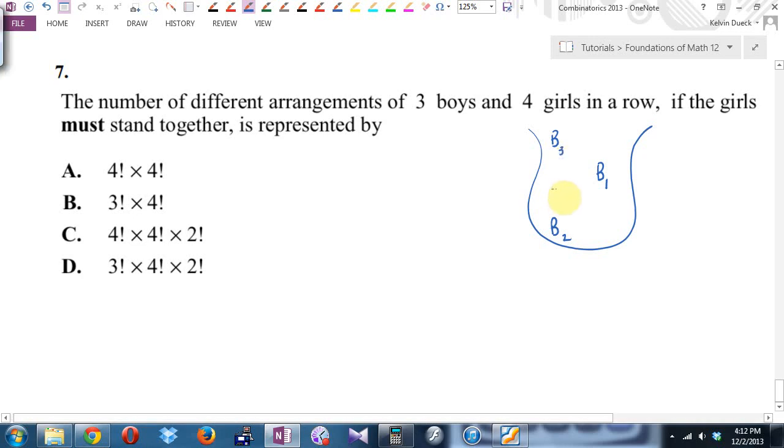So I'll put in one big Scrabble tile with girl 1, girl 2, girl 3, and girl 4. Yeah? Okay. First thing is, how many tiles do we have in that bag? Don't say 7. How many different tiles are there? 1, 2, 3, 4. I mean, this is a weird time, but 4 tiles.